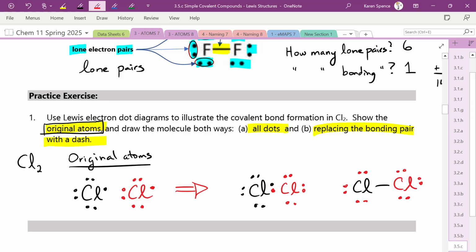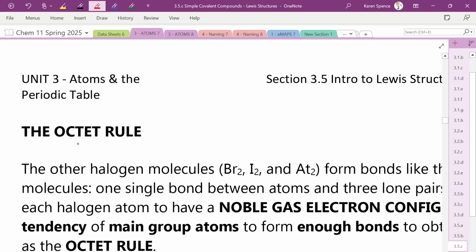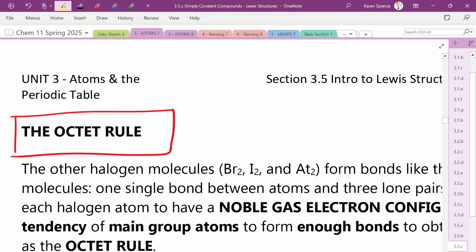All right. Let's learn a little vocab here. The octet rule. What does the prefix oct mean? Come now.